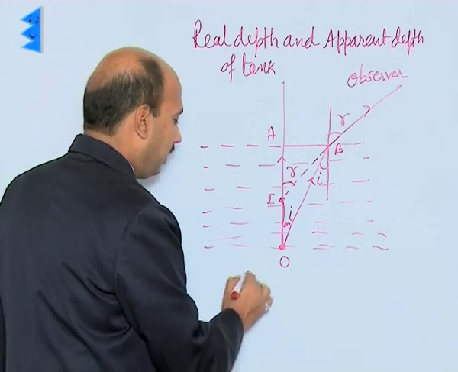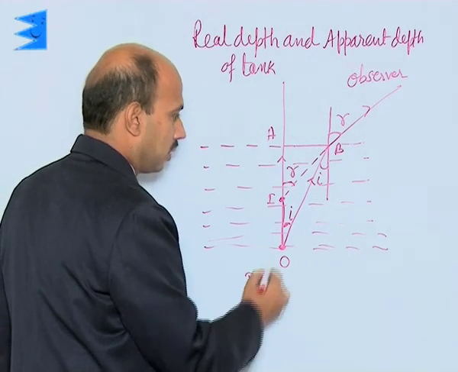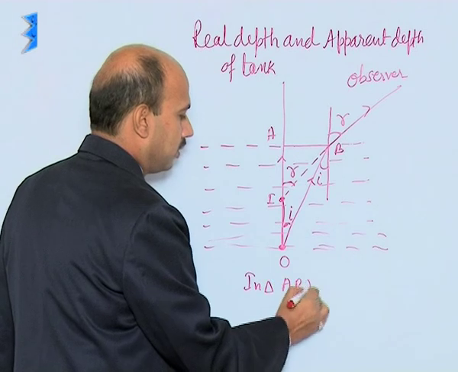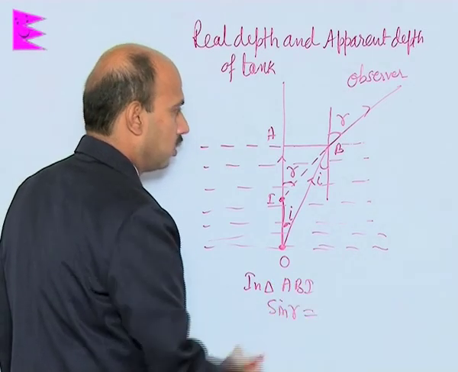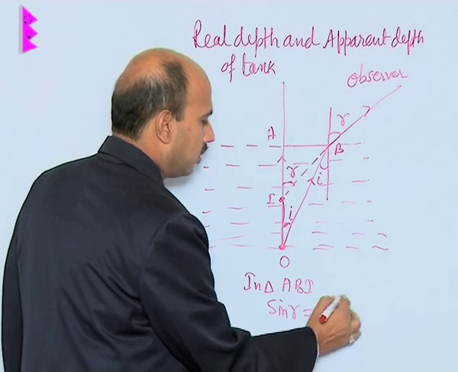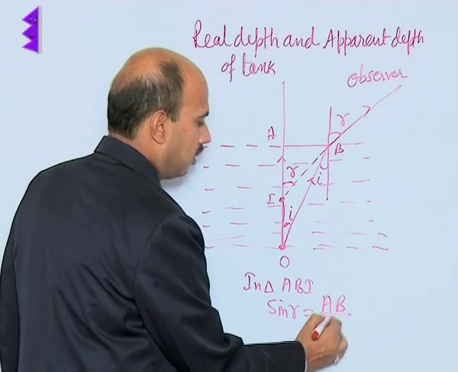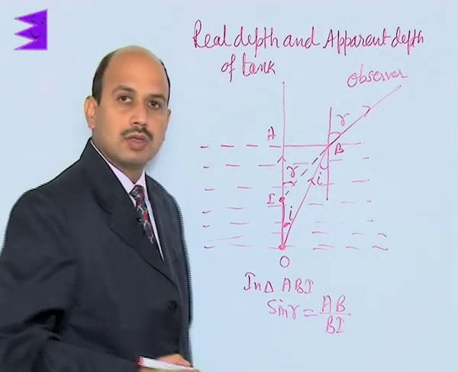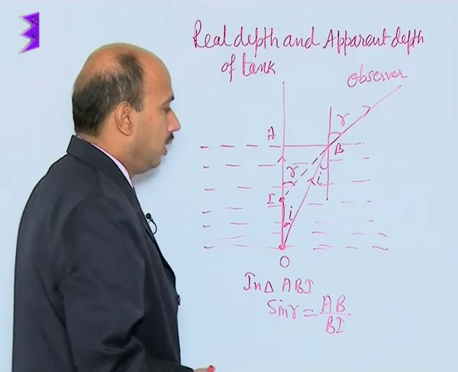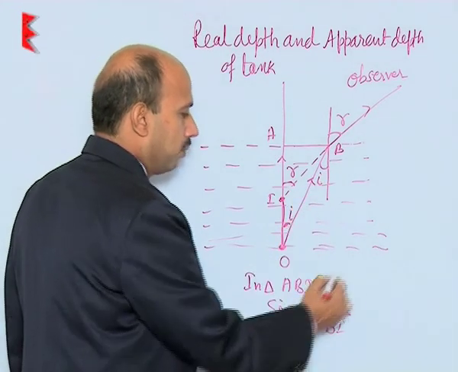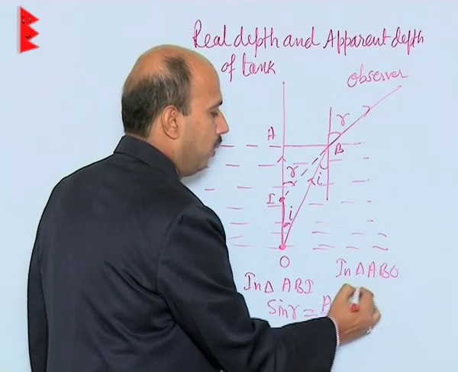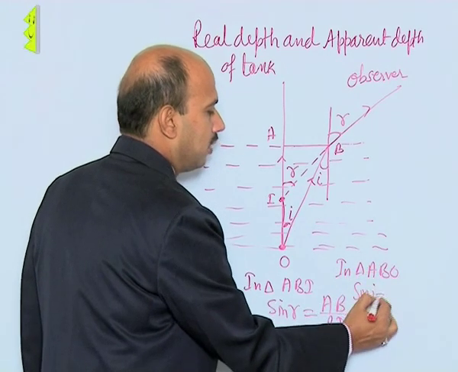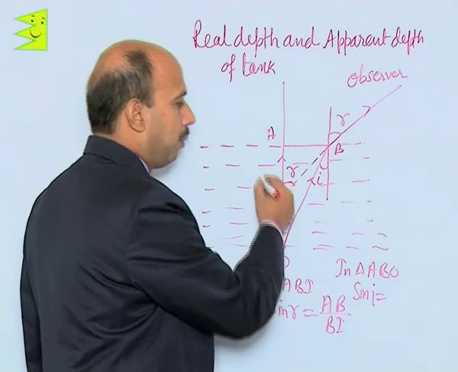Now, in triangle ABI, sin R is equal to AB upon BI. Similarly, in another triangle ABO, we can write sin I is equal to AB upon BO.